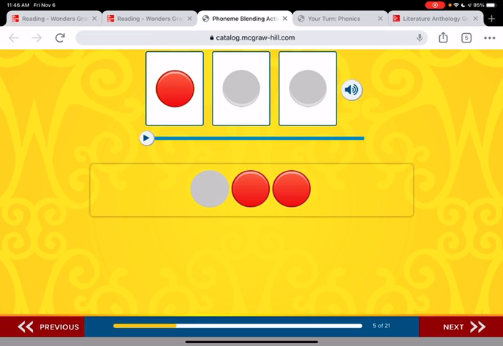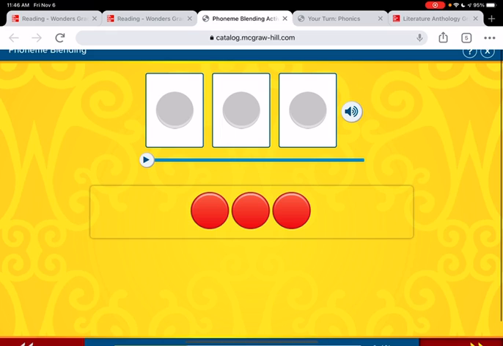Got. G. O. T. Got. Is got a long O or a short O? It's a short O because it sounds like ah, got. All right, next one. And we're also going to do some of these in class as well.